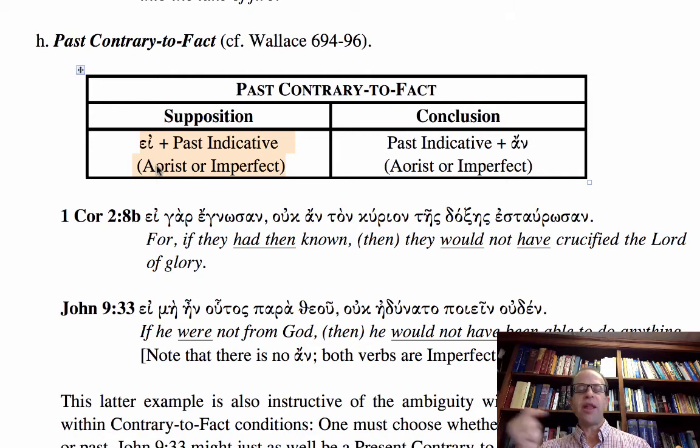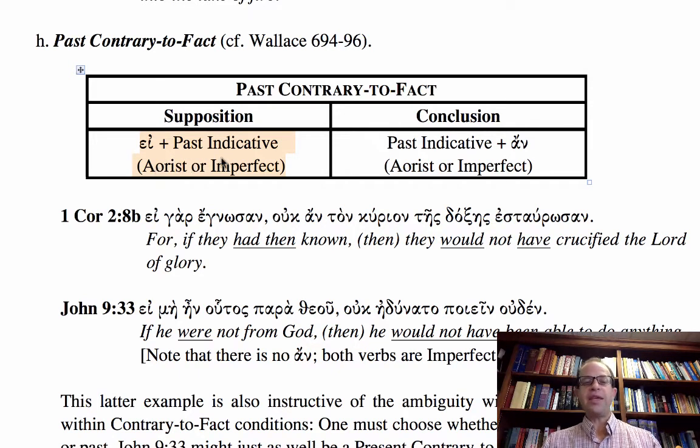They're marked for being untrue even though the logic may be true or is assumed as true, but in using this construction, the author or the speaker is indicating that they believe that the supposition is untrue, and so therefore the conclusion is untrue.